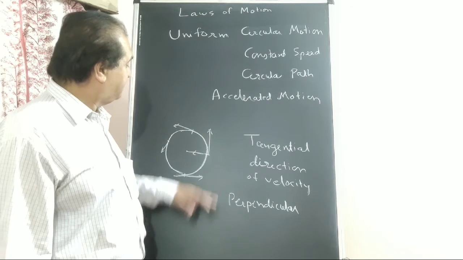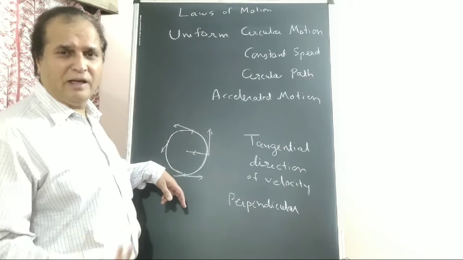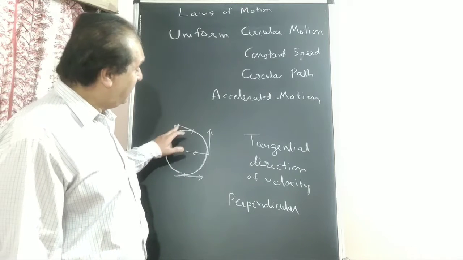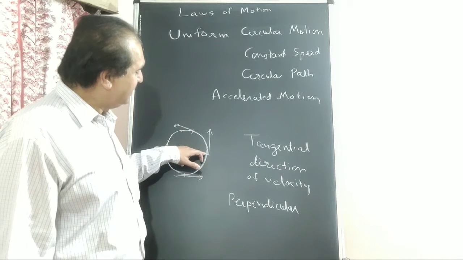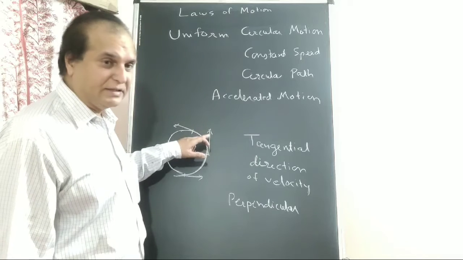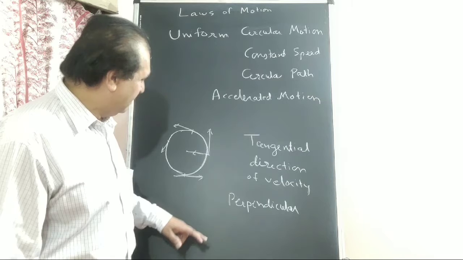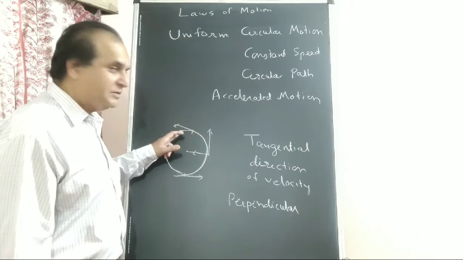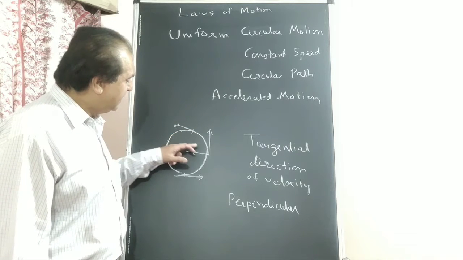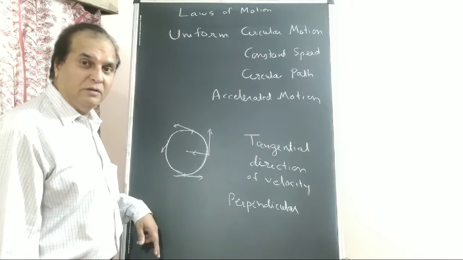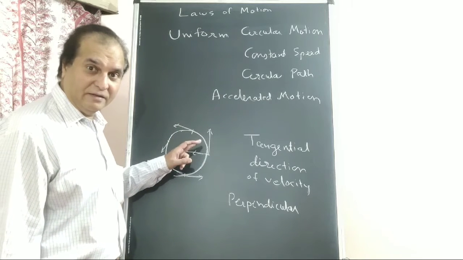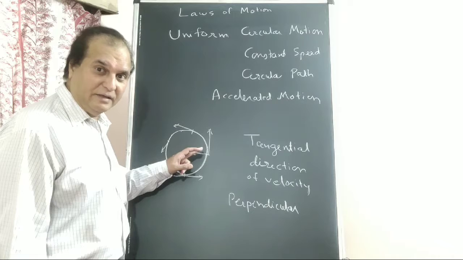But speed has no direction, it is a scalar quantity. But velocity has direction. At this point the velocity is in this direction, that is called the tangential direction, perpendicular to the radius. Because if the string cuts here, the bob will go in this direction.